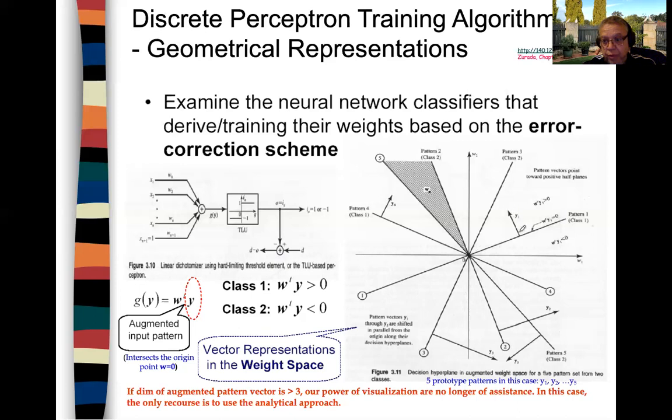So the normal to the hyperplane, or to this line here, points to class 1, to the case where W transpose y is positive. Because I know that my pattern 1 belongs to class 1, this is the solution space. So I should eliminate all this, okay?